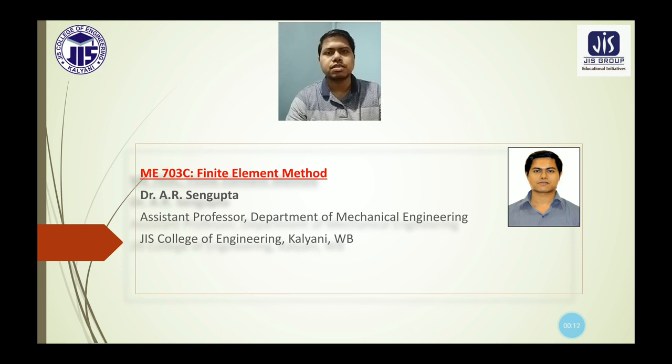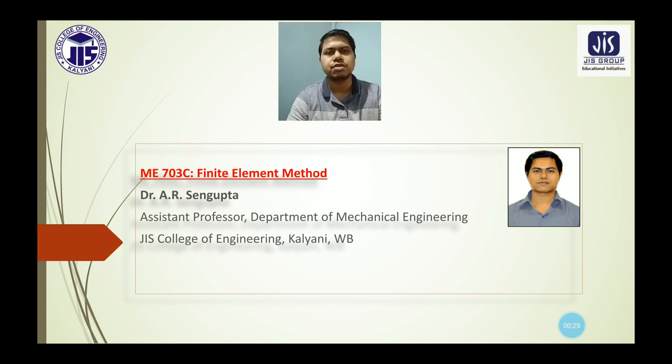In the last lecture we discussed the Rayleigh-Ritz method, and after that we started discussing the initial value and boundary value problem concepts. Based on those concepts we discussed two different problems.